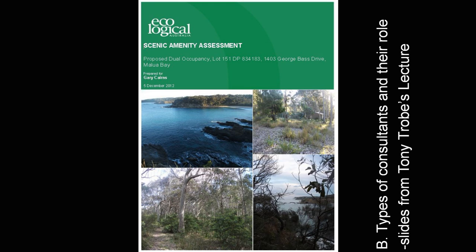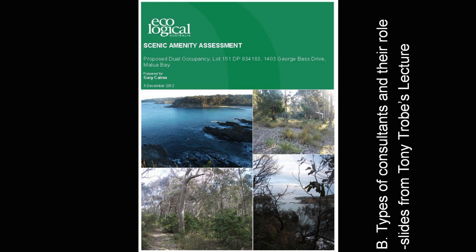This was part of a broader overlay for that whole bit of coast, and particularly important for Tony's site because that was on a little promontory that stuck into the sea, and if he had done the wrong thing, then he wouldn't have been given development approval.